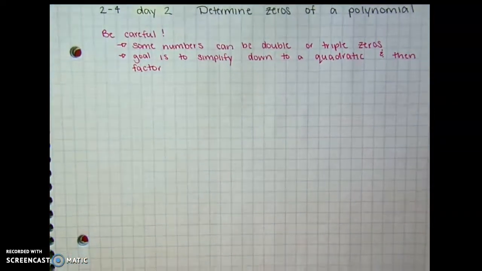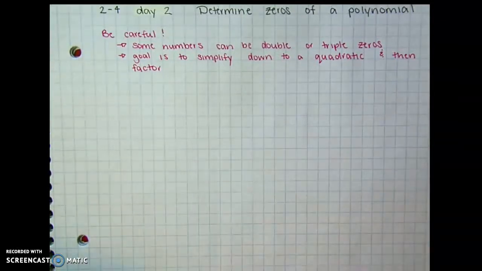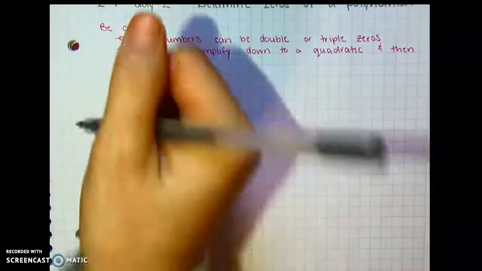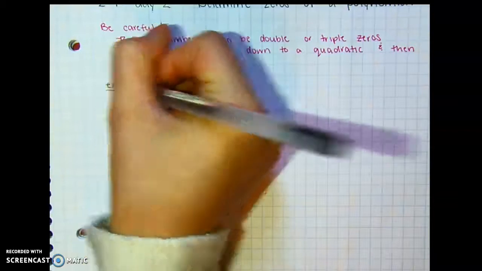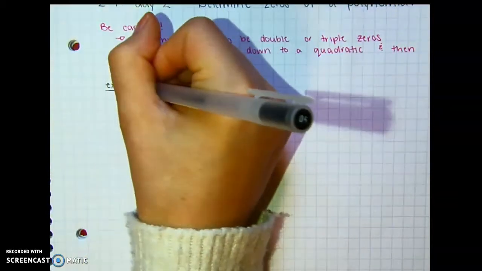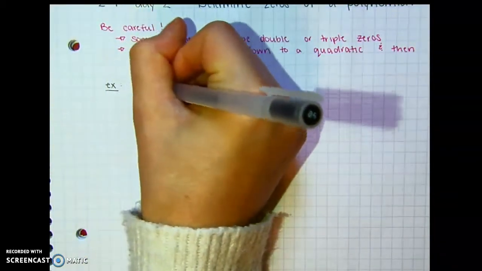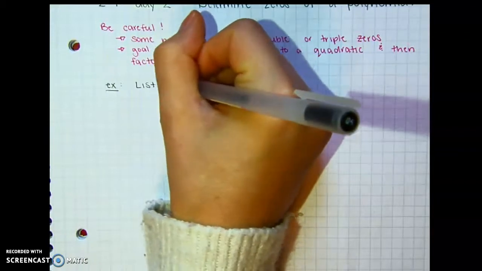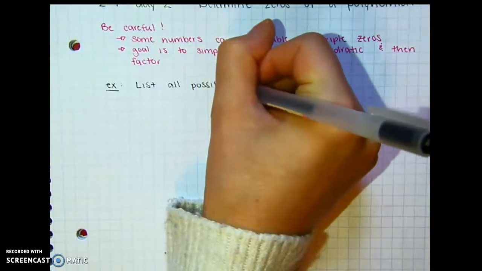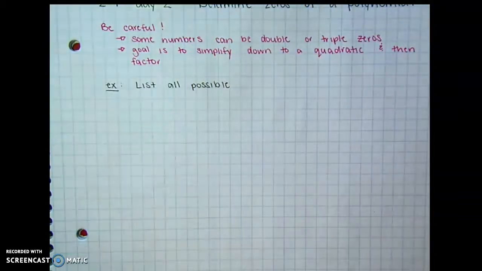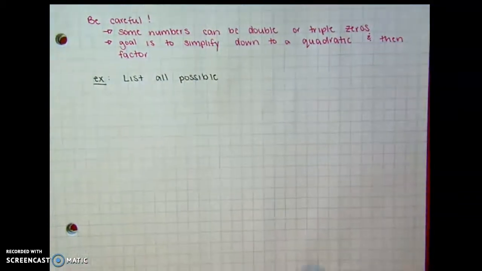Okay, so we're going to start with an example that we actually did in our video lesson. List possible zeros. That's how all of these problems are going to start, because we need to know what the possible zeros are first before we can determine which ones are actual zeros.